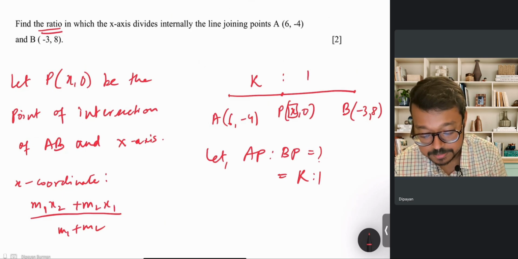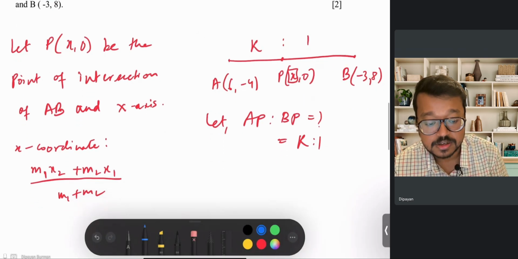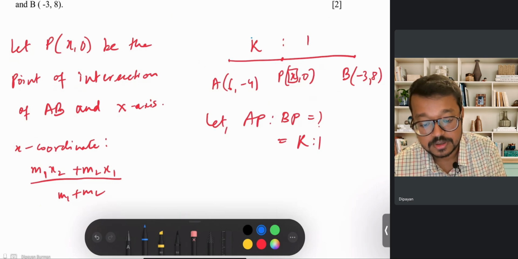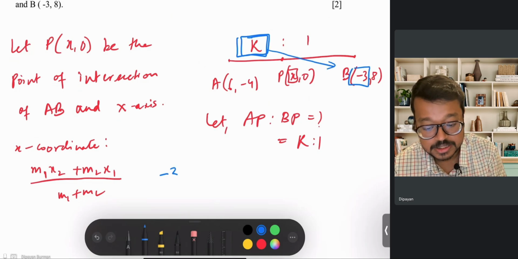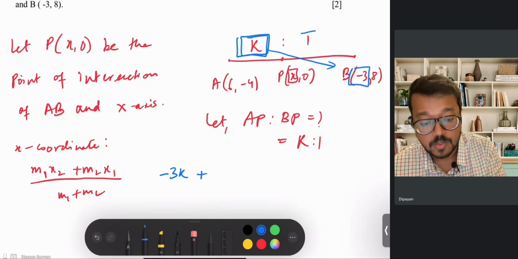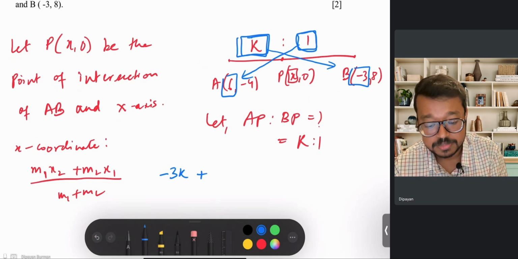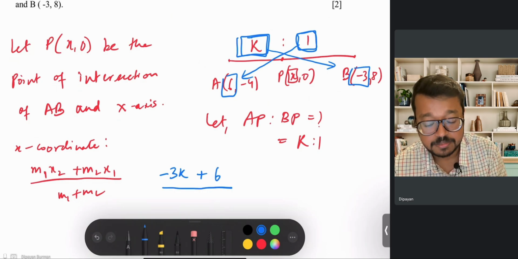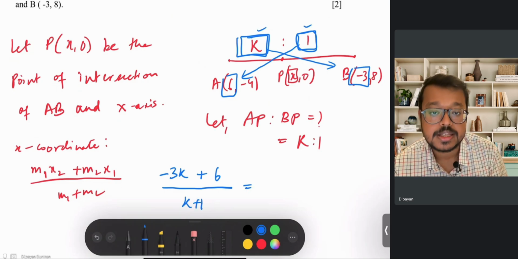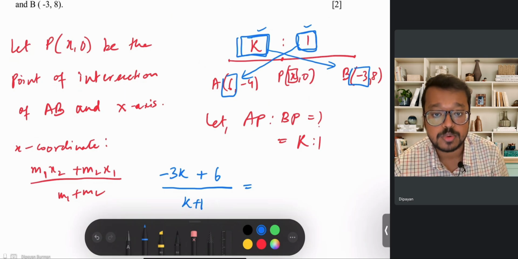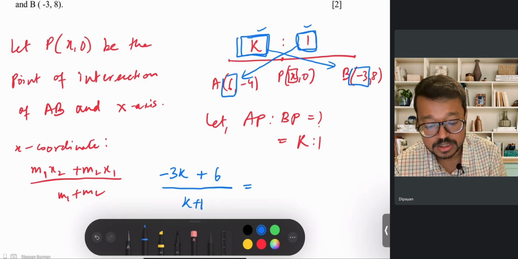So if I substitute the values, it's very easy with the rough figure. We will have this part of the ratio, that is k, multiplied by the opposite x coordinate, which is -3. So I will have -3k plus 1 multiplied by the other x coordinate, 1 into 6 is 6, divided by the sum of the parts of the ratio, k + 1, and that is the x coordinate of the point P, which is x.